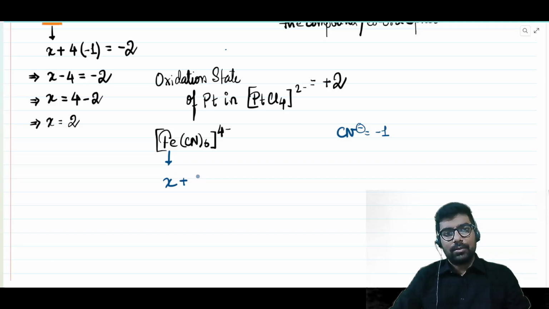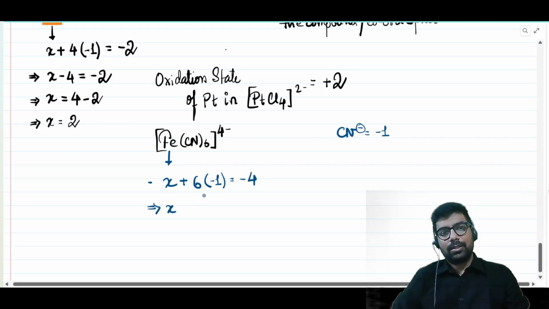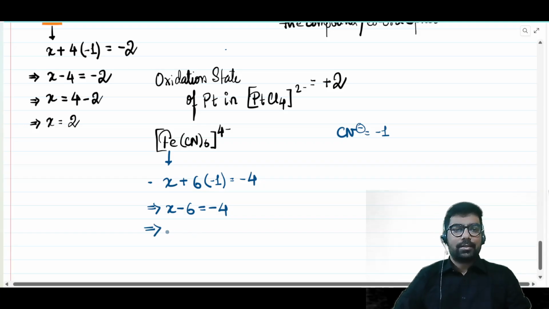So x plus 6 into -1, that is -6, is equal to -4. Again, when -6 moves to the other side, it becomes +6.